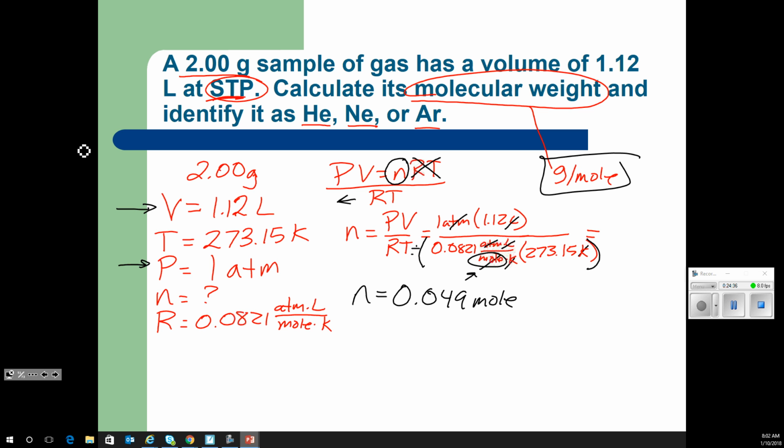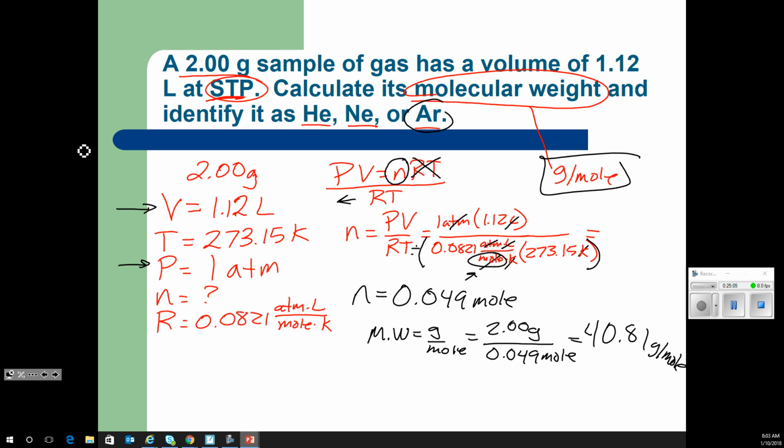So I have 2 grams, so plugging in 2.00 grams divided by 0.049 moles, what is my molecular weight? 40.81 grams per mole. Which of these has that mass or close to it?